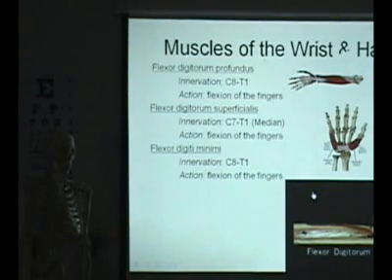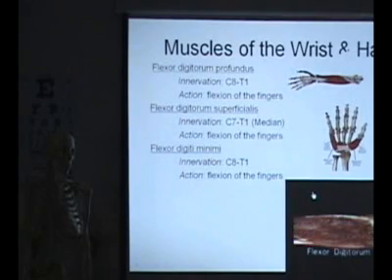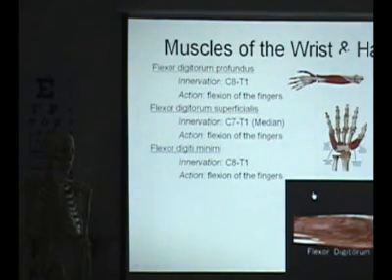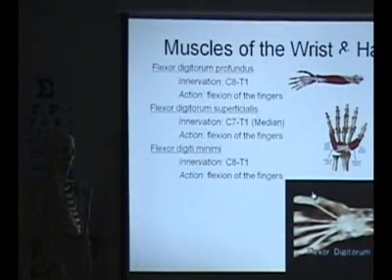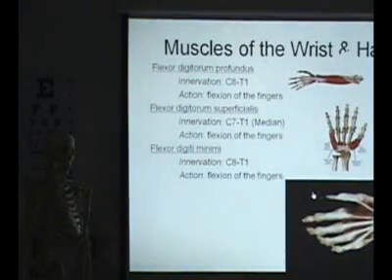Its radial head arises from this long oblique line on the radius. Between the two heads, there's a gap which the median nerve and the ulnar artery both pass through.